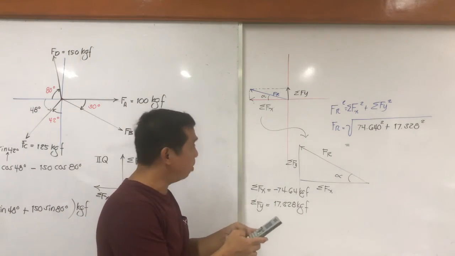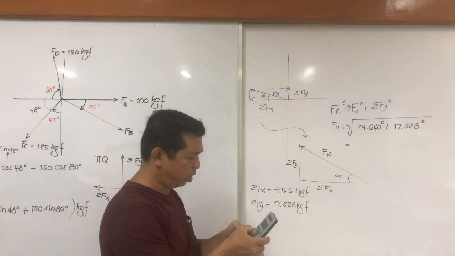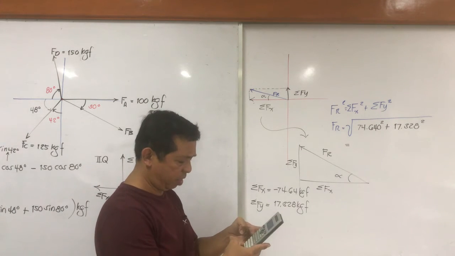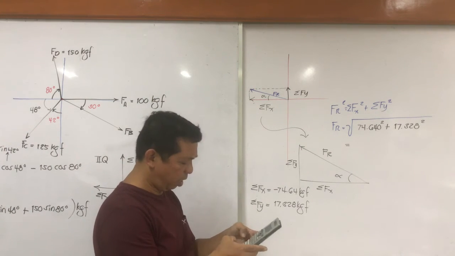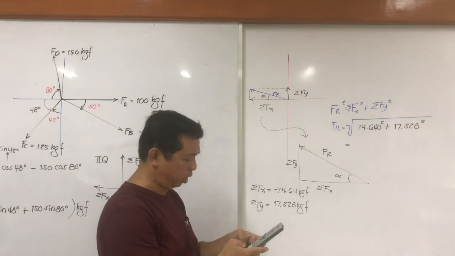So that would have to be 74.640, that needs to be squared, adding it with 17.328, that also needs to be squared.